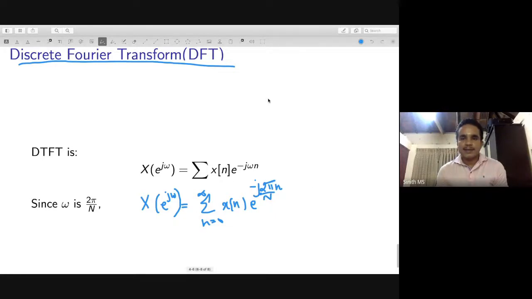And X(e^{jω}) is a periodic signal. Suppose the signal is like this in one period. Suppose you take N samples like this, 0 to N minus 1 samples.